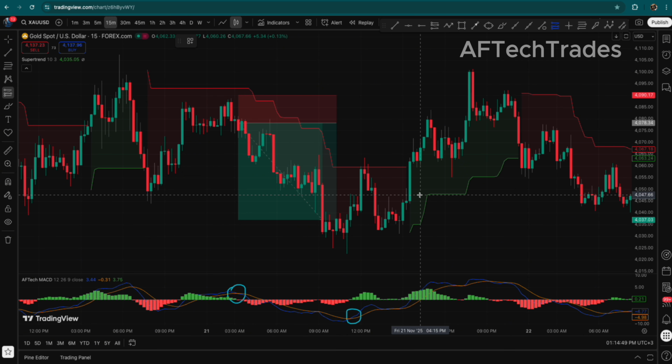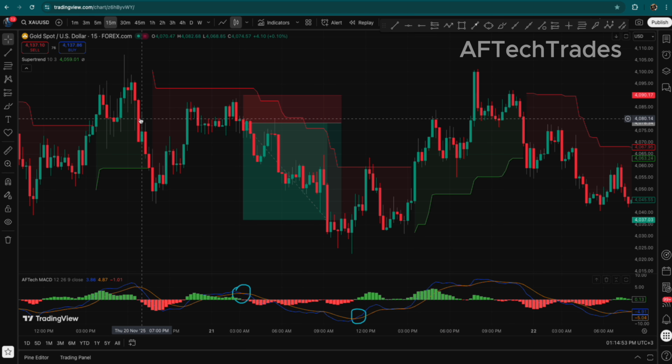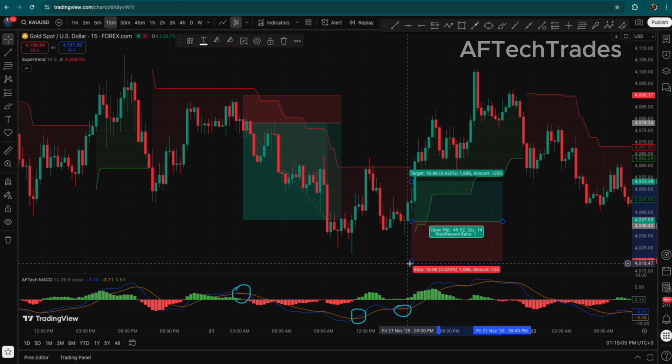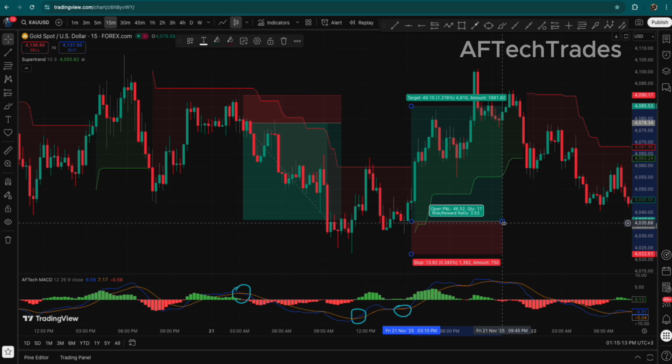Our Supertrend is green and we still have another crossover around the zone. So now it gives us the criteria to enter a long position. And your stop loss will be at the most recent swing below. You can see how this market plays out.